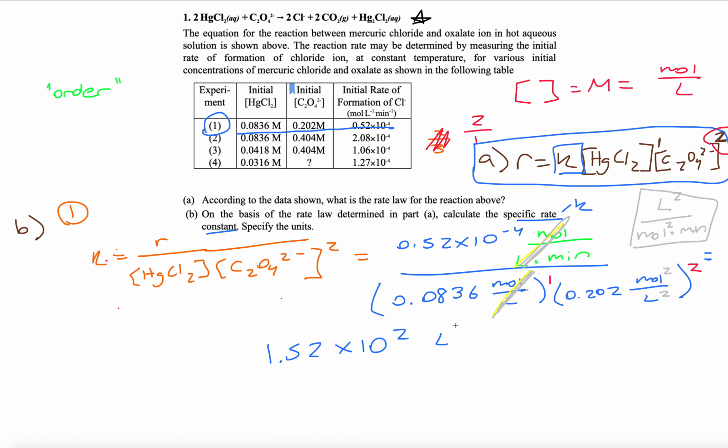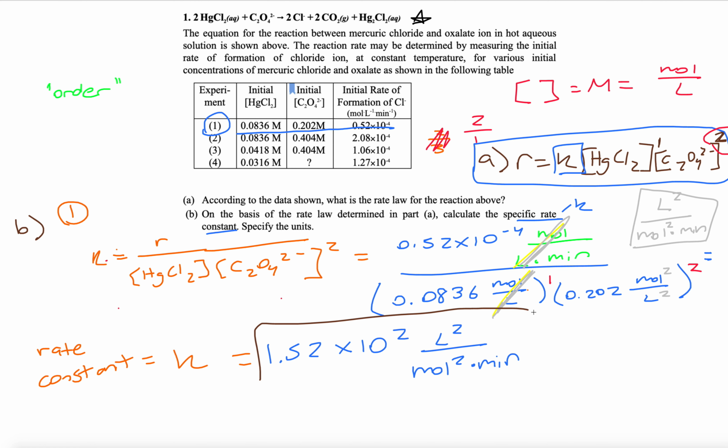And again, the units are liters squared per mole squared times minutes. So some pretty crazy units, but the units are essential when you're solving for K. And again, K is the rate constant in our rate law. So I'm going to go ahead and circle this as our final answer.